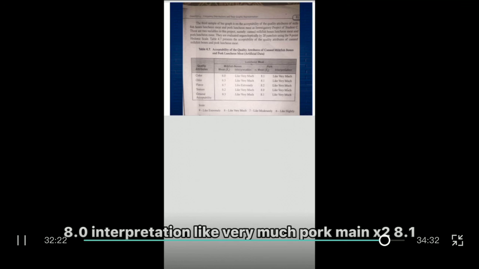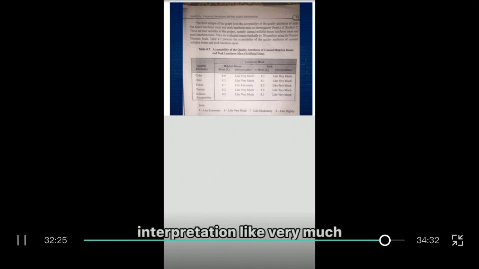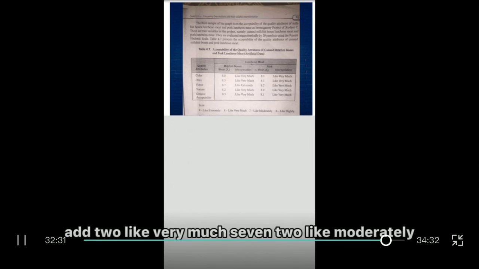Pork mean X2 8.1, interpretation like very much. Scale: 9 is like extremely, 8 is like very much, 7 is like moderately, and 6 is like slightly.